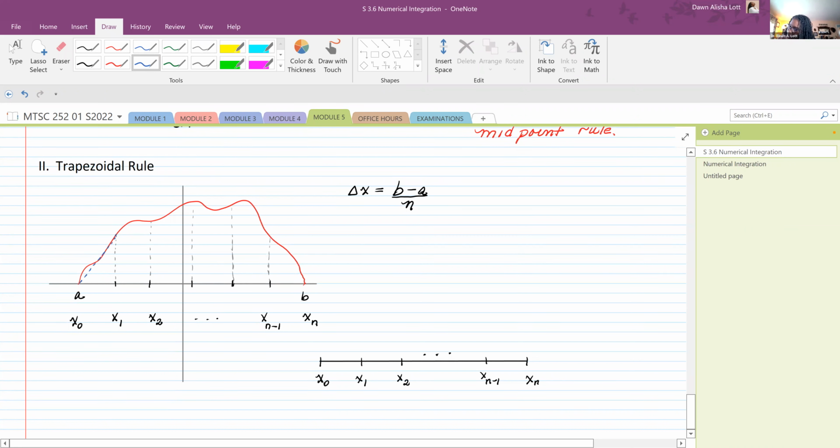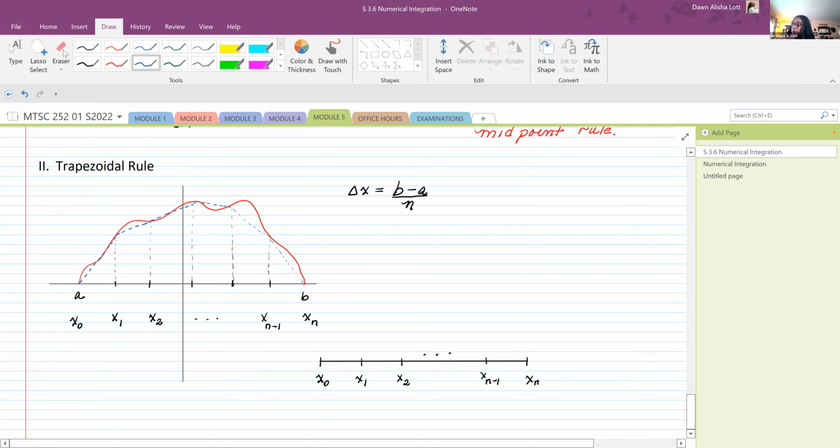But now you can see the trapezoid here for that one. You can see this trapezoid for that one. You can see that trapezoid for that one. You can see another trapezoid here. And again, this last one turns out to be a triangle.